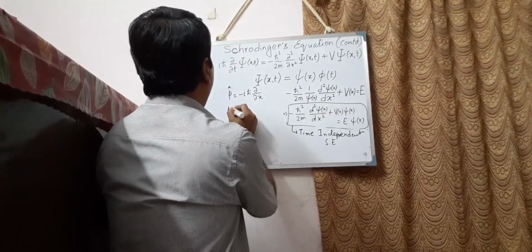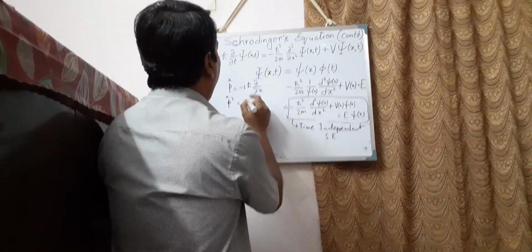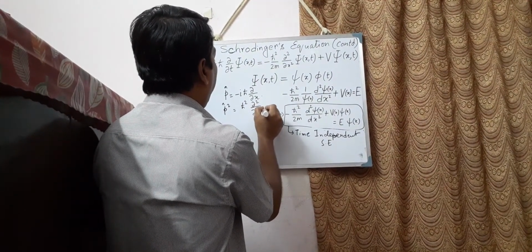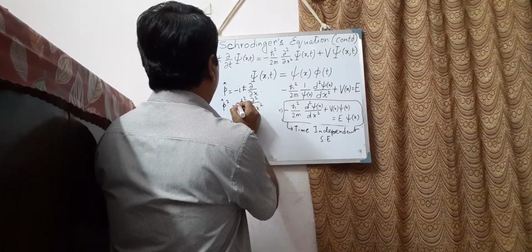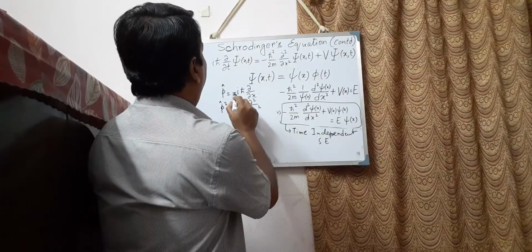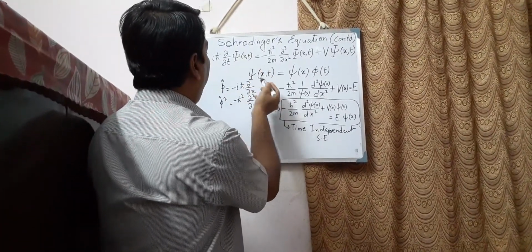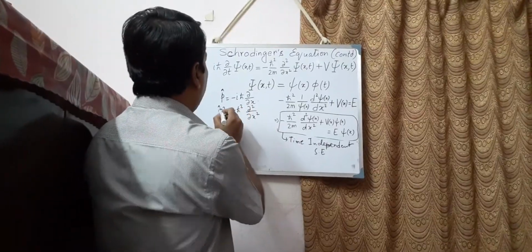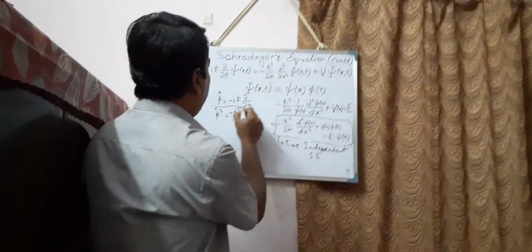So the operator p square would be h bar square del 2/del x square with a minus sign. We already have this minus sign, so minus and minus give plus, but I have an i here, so i into i gives a minus 1. That's why you end up with this minus sign. So p cap as minus i h bar del x gives p cap square as minus h bar square del 2/del x square.